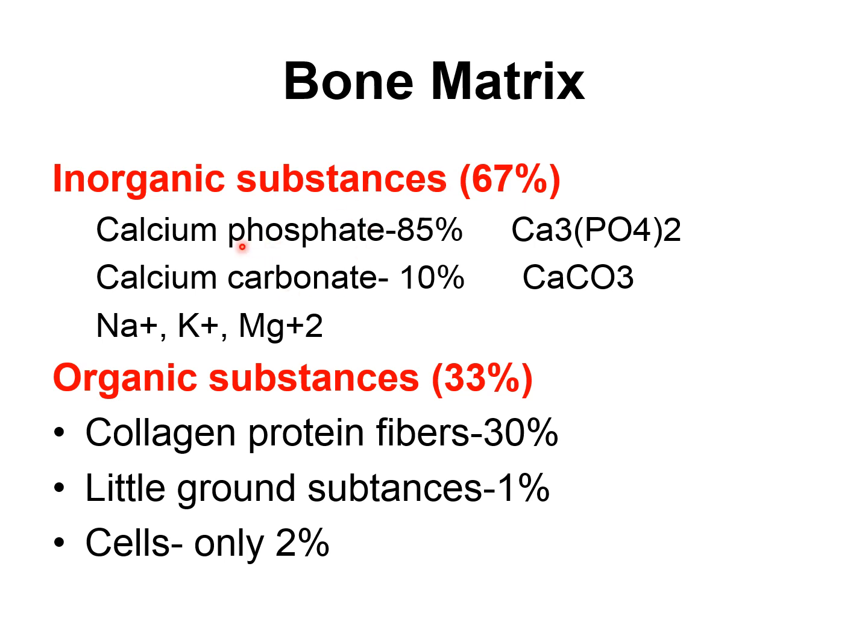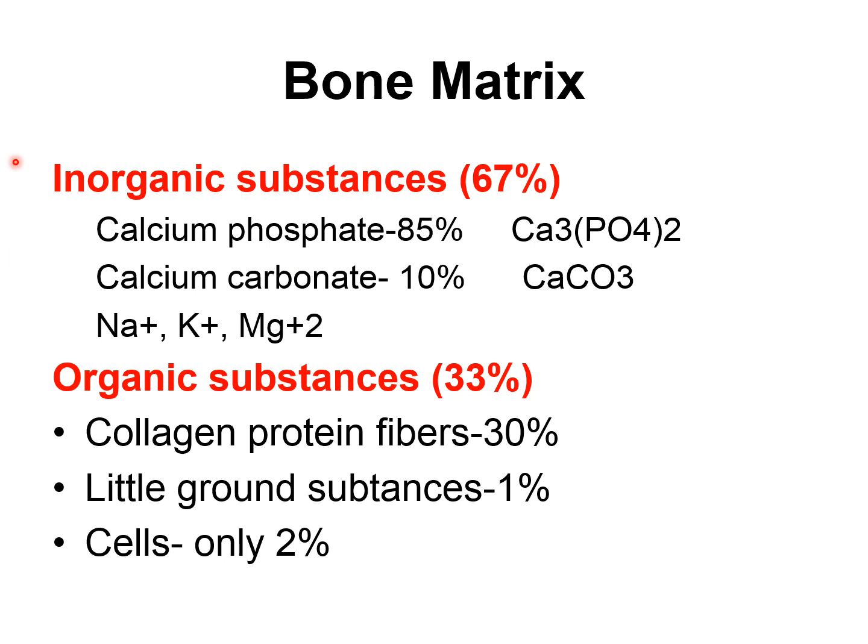It is about 85%, calcium carbonate 10%, and the ions make about 4%. These inorganic substances are under continuous remodeling, meaning they are deposited in the bones, and when they are low in blood, they are released into the blood to keep their concentration constant.